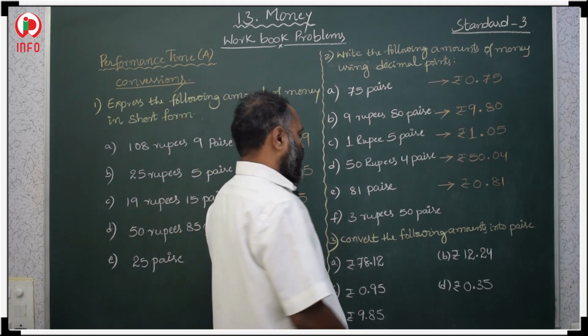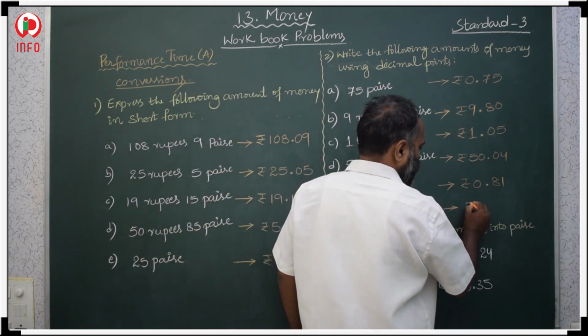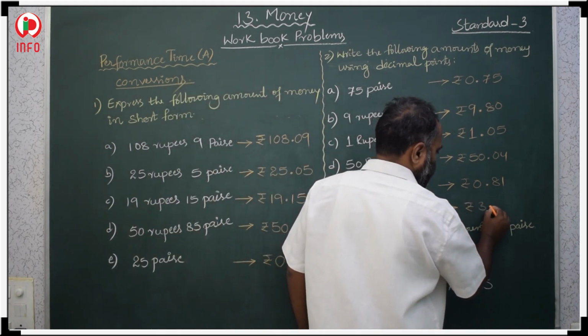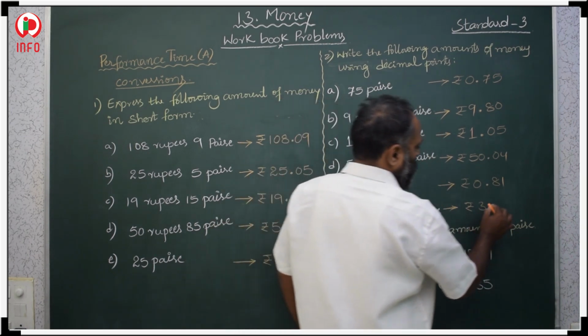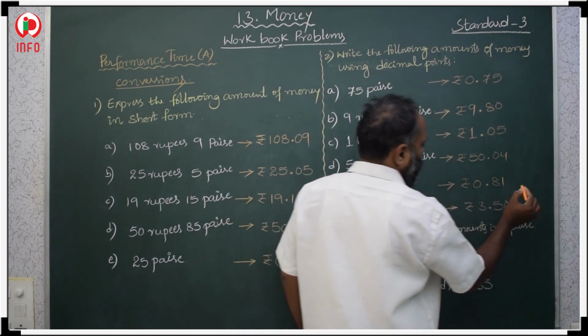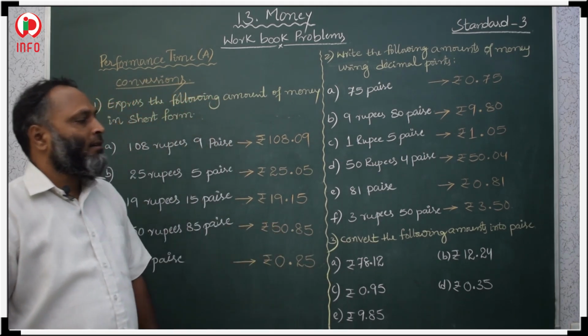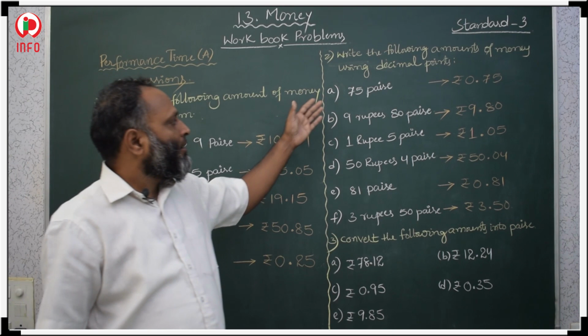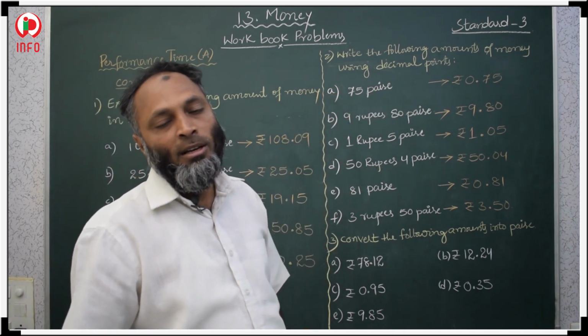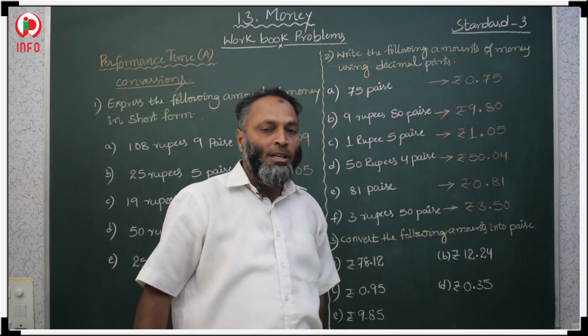Then 3 rupees 50 paisa. So this is our rupees and paisa using decimal. This is the representation.